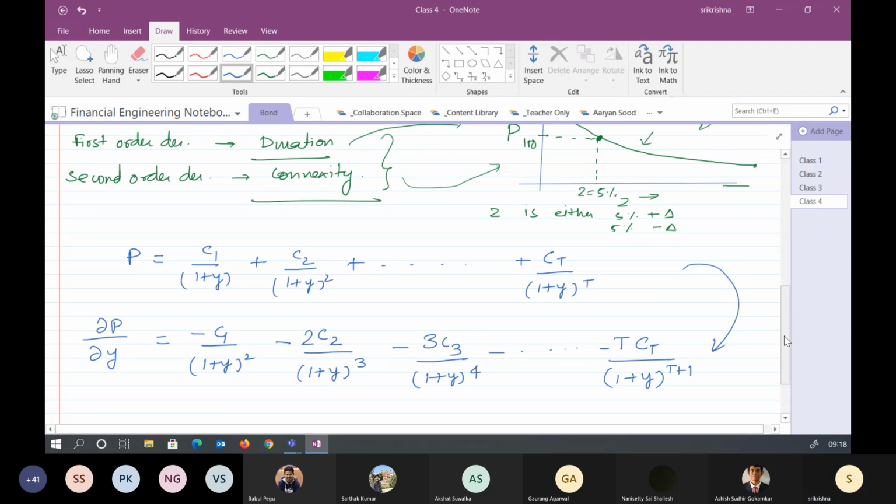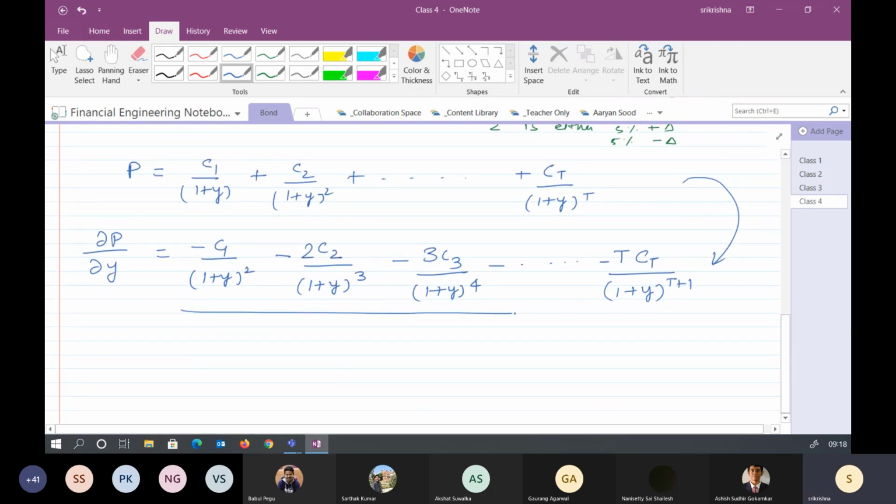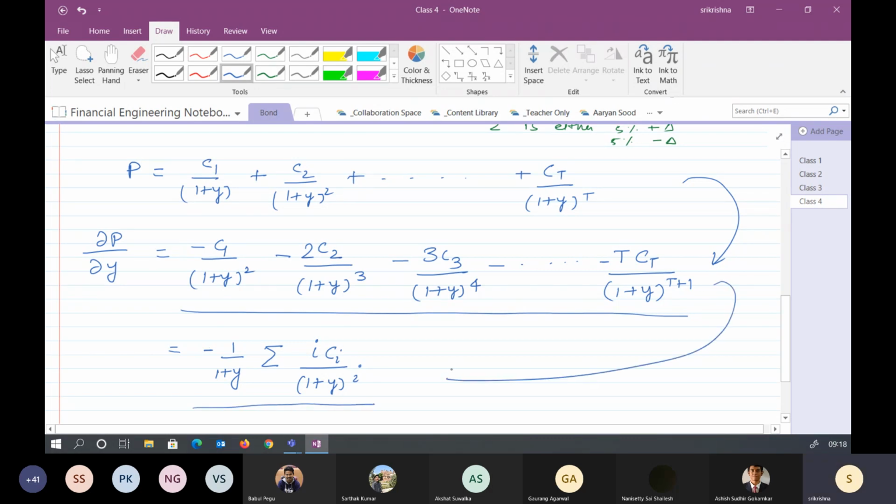So now the whole of this can be written, in a short summation notation, as this expression where i is varying from 1 to t. Correct?